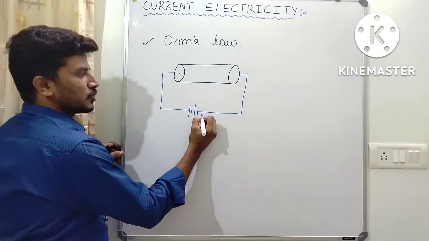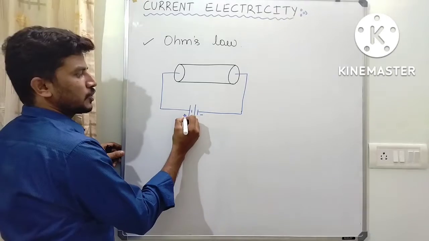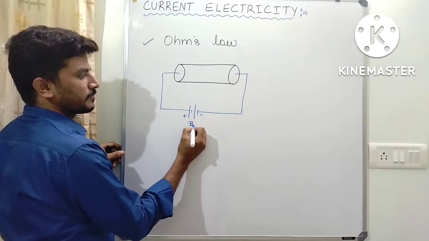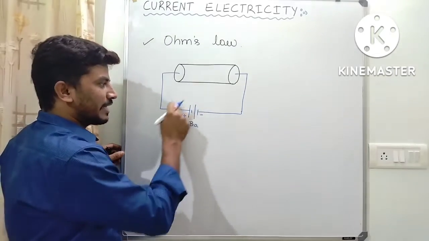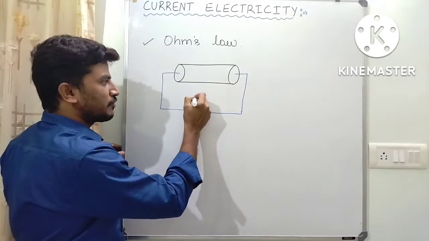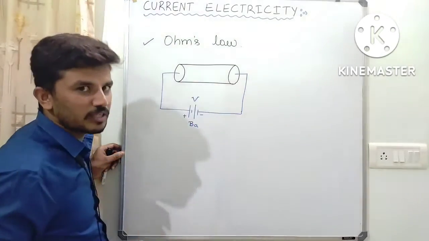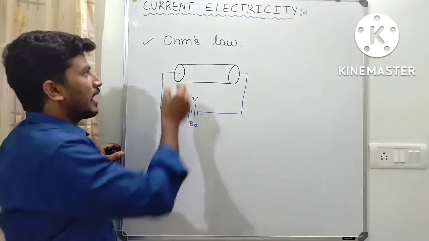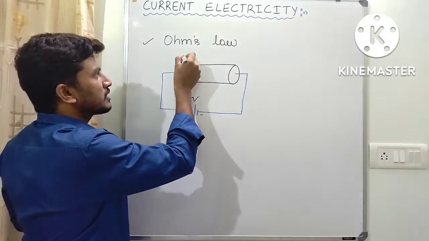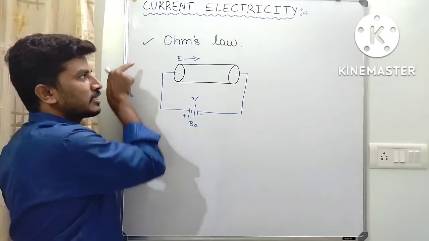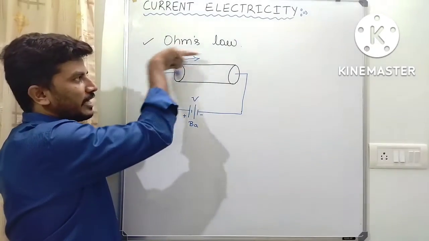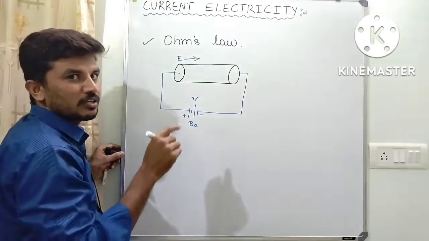This one is the negative terminal of the battery, this one is the positive terminal. This battery maintains a potential difference of V between the terminals of the conductor, and that produces an electric field in the conductor in this particular direction, because we have the positive side this side.